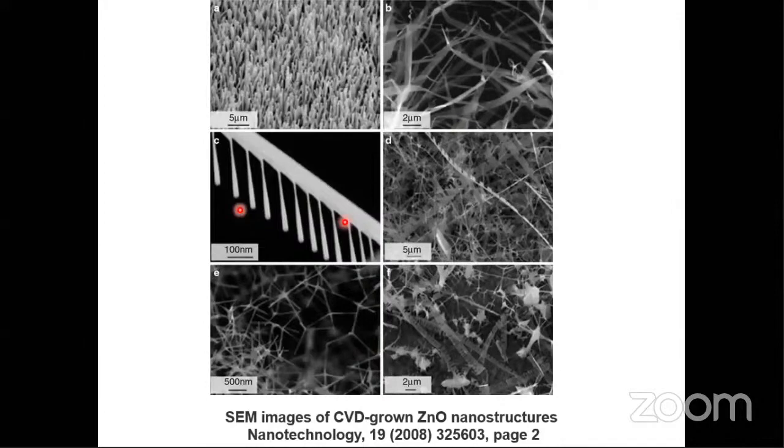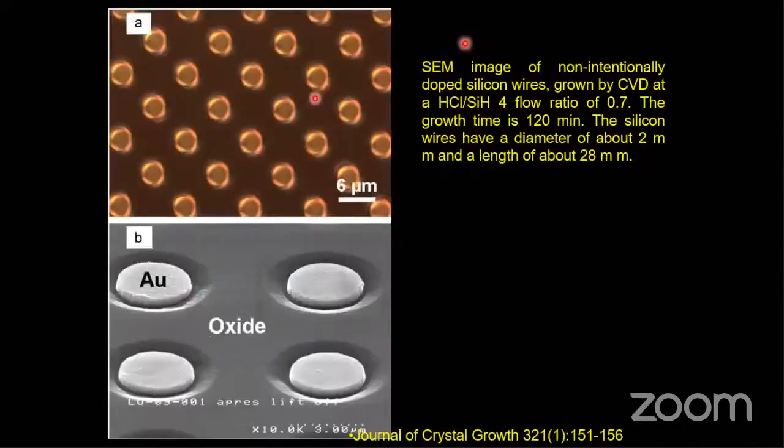And you see different kinds of morphologies have been formed by changing the process conditions. Here is another kind of growth. You can see this is a CVD process, and these are finely grown nanowires. You can see the dimension is quite small.